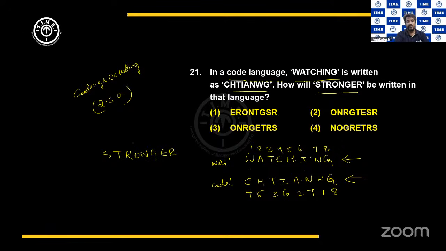The given word is STRONGER. How many different letters are there? 1, 2, 3, 4, 5, 6, 7, 8. Okay. Now we have to find out the code. So it has to be 4, 5, 3, 6, 2, 7, 1, 8. So 4, 5: ON. 3, 6: RG.